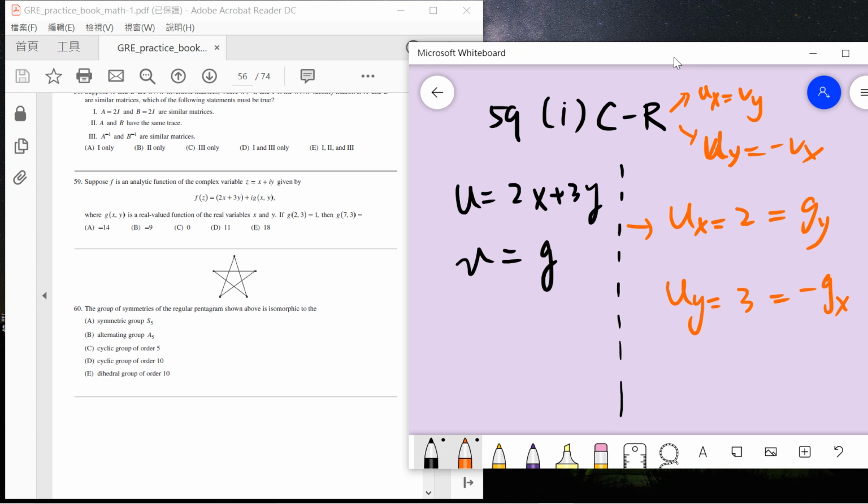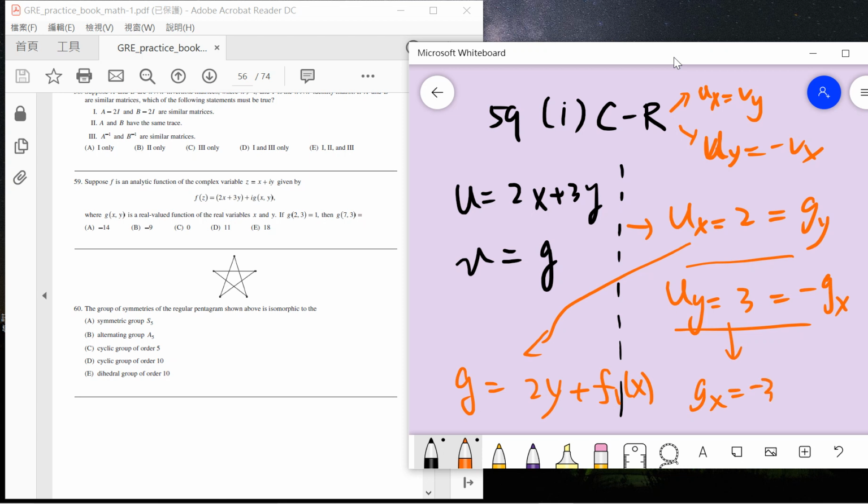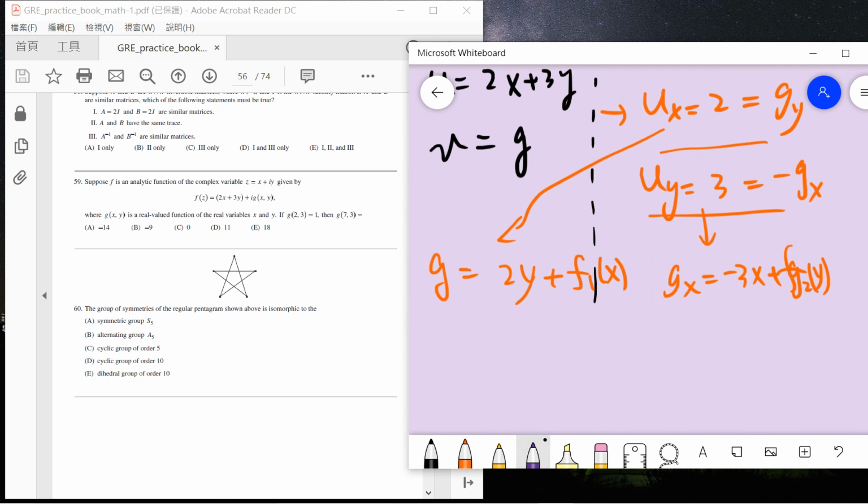Okay, so the first equation tells you that g can be written as 2y plus some function of x. And the second tells you that g_x can be written as minus 3x plus some function of y. Combining them together, we get g equals minus 3x plus 2y plus some constant c we don't know.